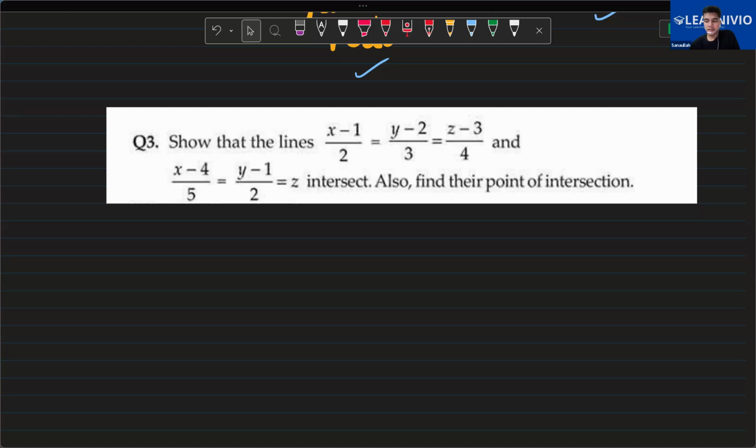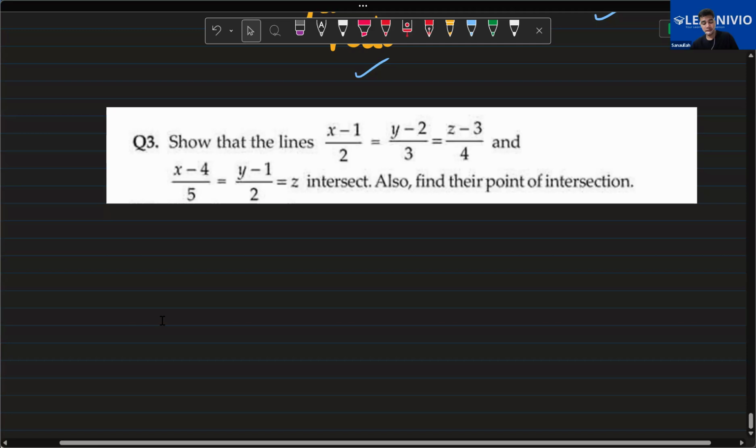So can you tell me what is the shortest distance between lines when they intersect? 0.